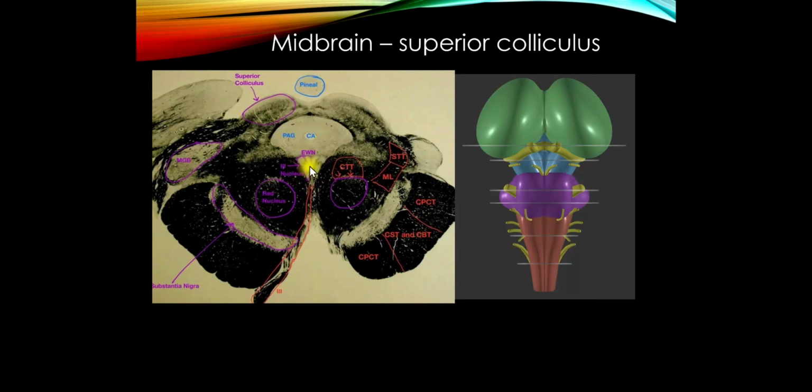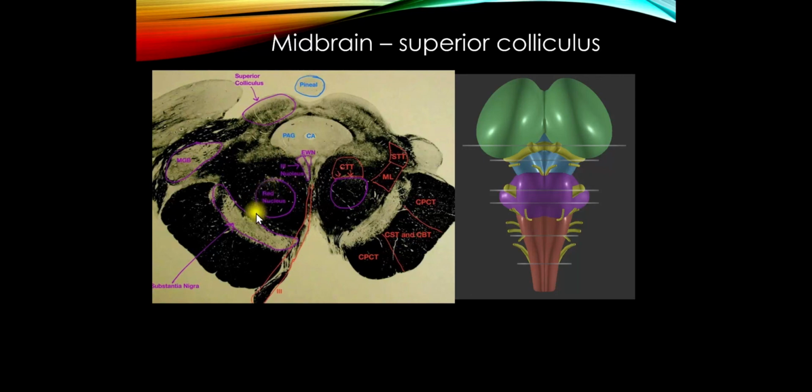And so again, Edinger-Westphal is the parasympathetic contribution to the third nerve, and that is to constrict your pupil, whereas the third nerve nucleus again supplies the extraocular muscles and also the levator palpebrae.